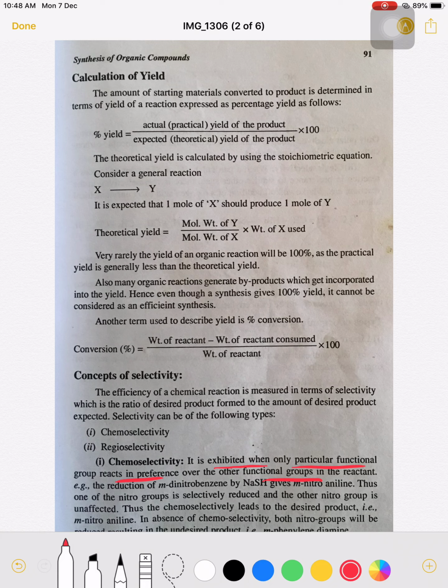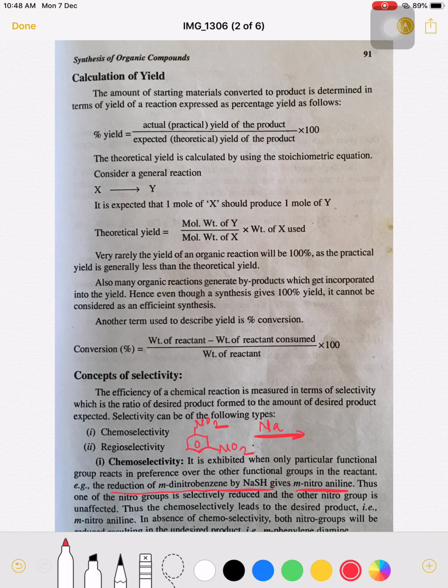If you consider this example, reduction of m-dinitrobenzene by NaSH gives meta-nitroaniline. In this case, two nitro functional groups are present in a compound. Suppose this is an aromatic ring, this is a meta-dinitro compound.